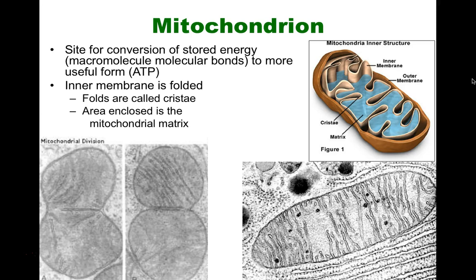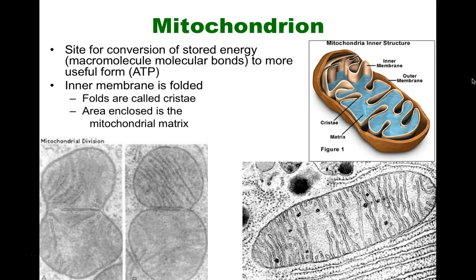It has a biological membrane or a phospholipid layer. It's called an inner membrane, and then it has a bit of a space between the inner membrane and what's called an outer membrane. The inner membrane has infoldings called cristae, and inside that inner membrane is a gel-like material called the matrix.